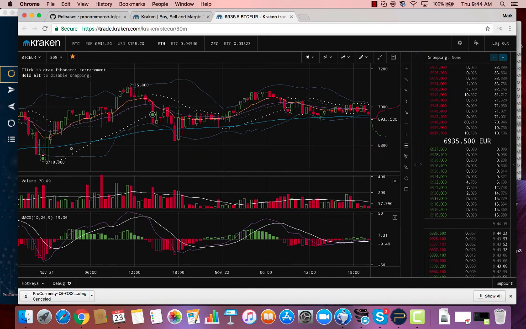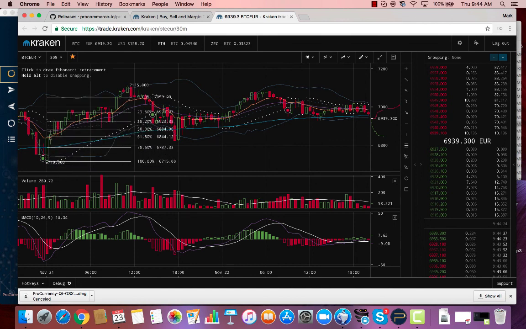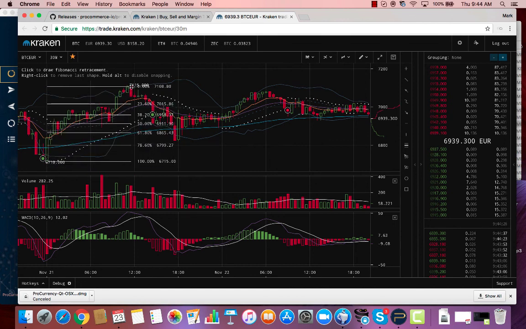What we do is we measure between a low point and a high point. Click on that, and that will give us our Fibonacci retracement levels based on those ratios. So you see 23.6, 38.2, 50%, 61.8. These are all the Fibonacci ratios.